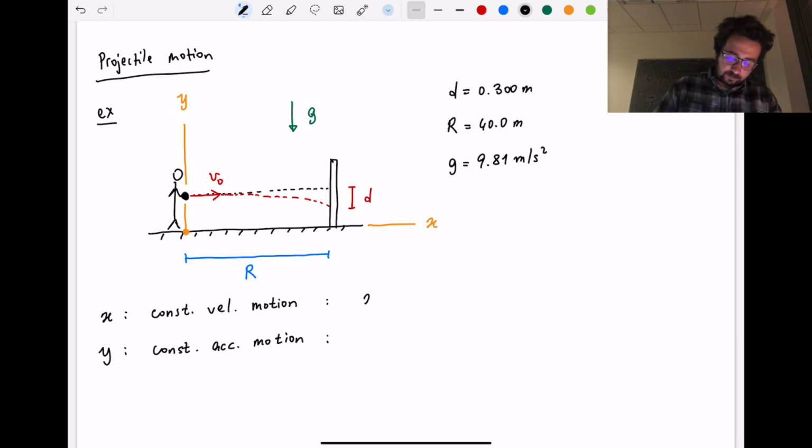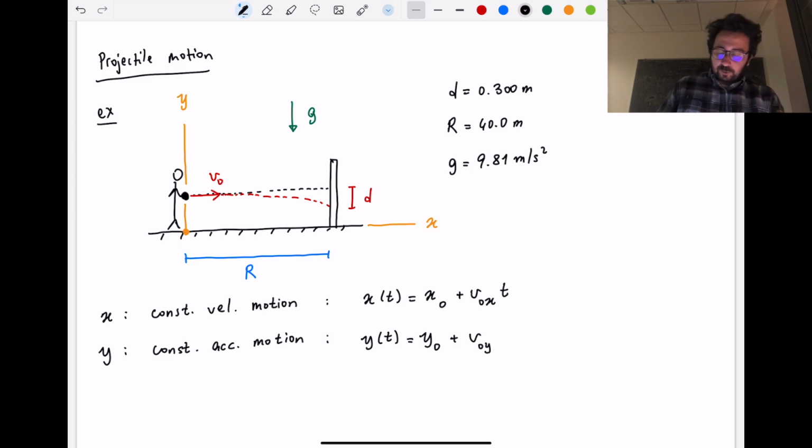Now this allows us to write the following. For x we have x of t equal to the initial position with this given reference frame plus the x component of the initial velocity times t, and for y we have the initial position y0 or the initial height plus the y component of the initial velocity times t plus 1/2 times acceleration times t squared, and here acceleration is equal to negative g.